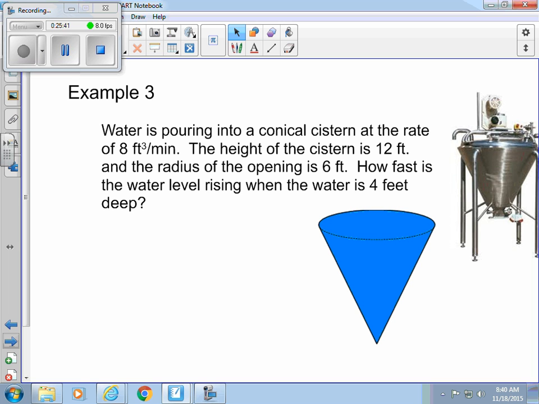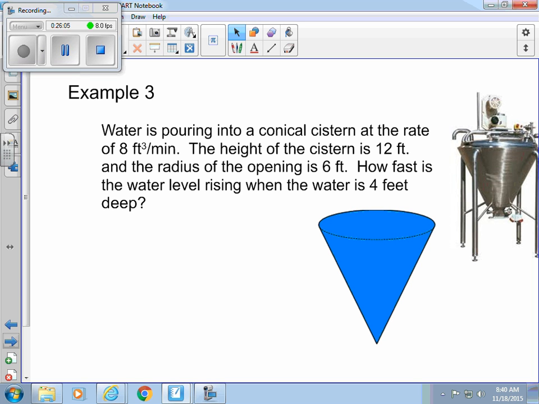So what that means is we're spending from now until Thanksgiving working on related rates. So you're going to see lots of cone problems. So star this one in your notes. It's a tough one at first. Once you do a few, they get easy.